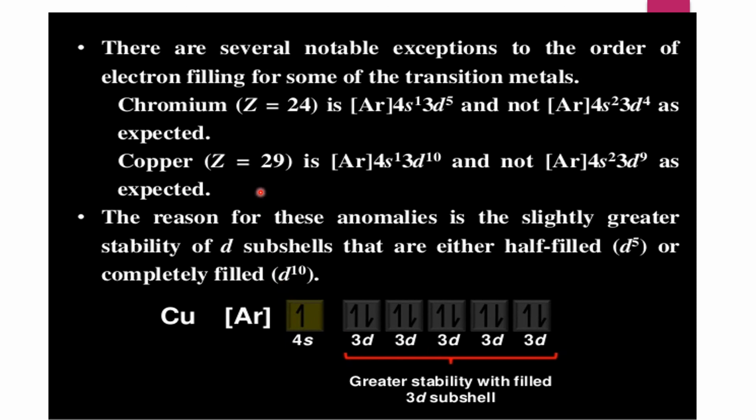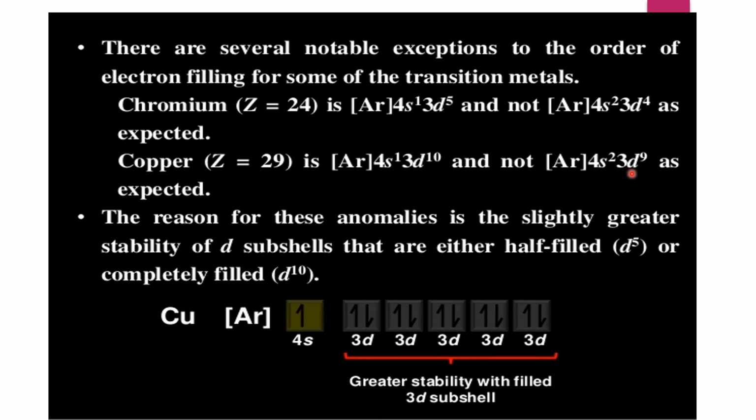Copper's atomic number is 29 and its electronic configuration should be argon 18, plus 4s2, 20, 3d9. Actually, the 3d orbital can have 10 electrons, but the available electrons are such that the d orbital is not completely filled. So when one electron from 4s is shifted, then the s orbital is half filled and the d orbital is completely filled.